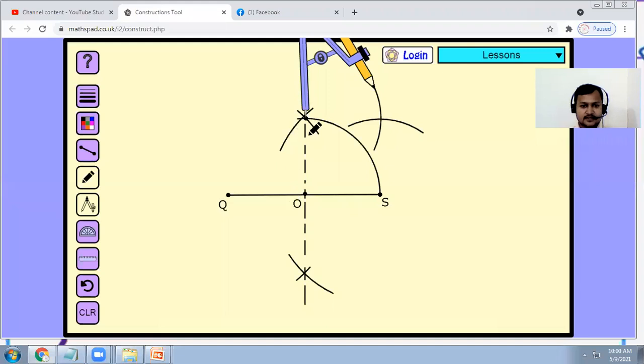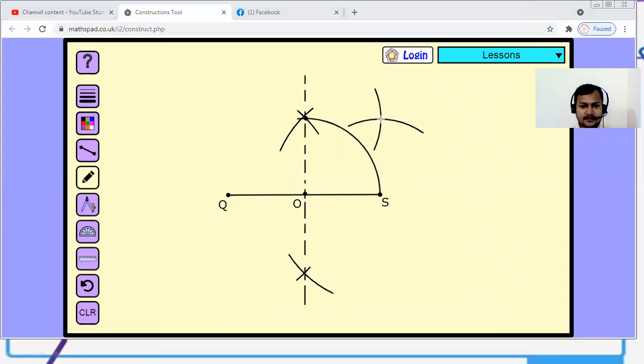Did you get it? The bisector of the 90 degree vertical line and the 0 degree horizontal line makes the 45 degree angle. And this line is needed by us: draw a 45 degree angle from here through O. Draw a line segment through O.